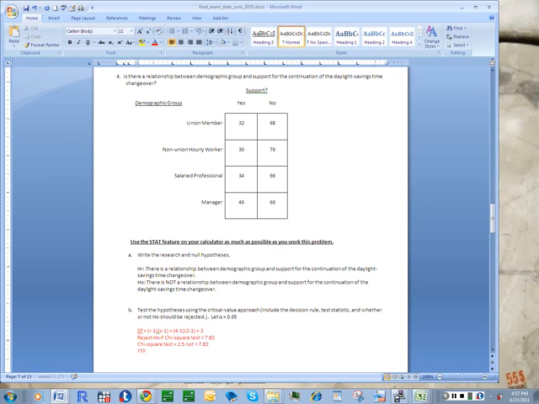So we fail to reject H0. H0 is A not B. A relationship between the two.